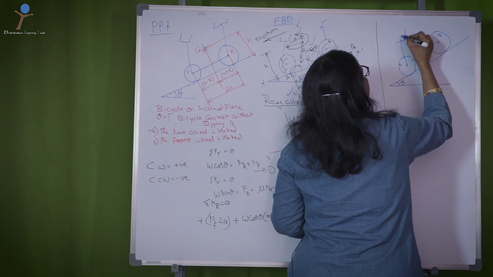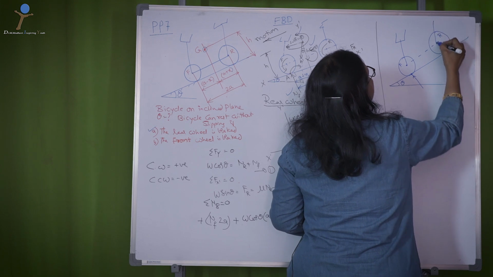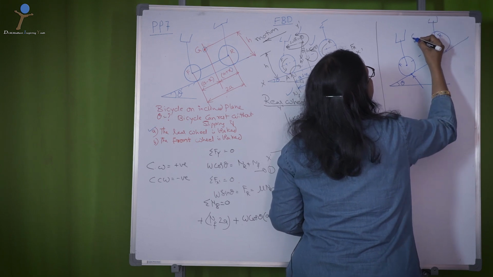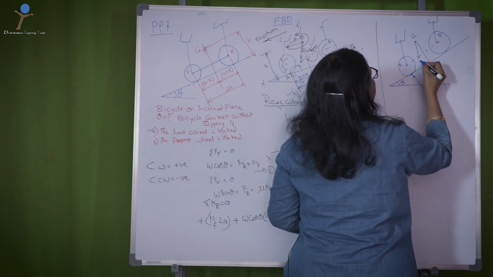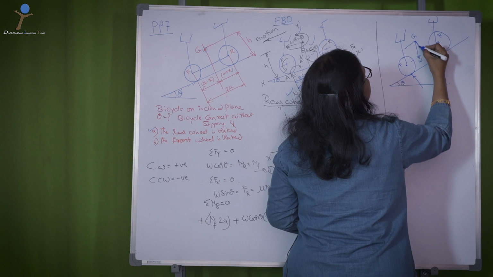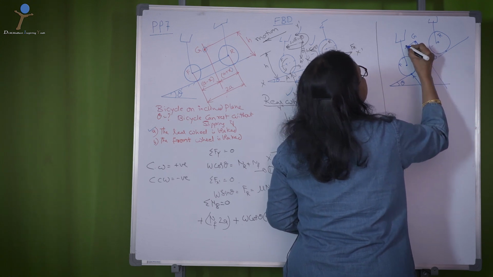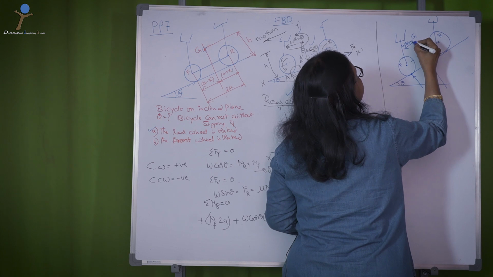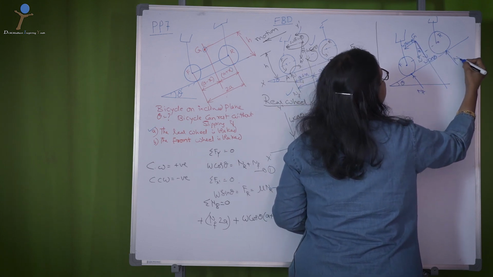Let me call this W. Again, this is theta, so this becomes W cos theta, this becomes W sin theta, this is NF, this is NR.